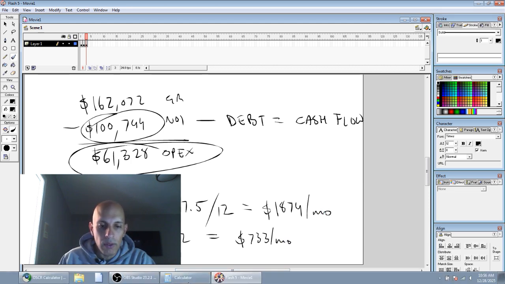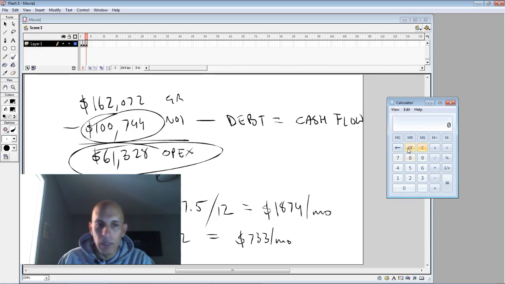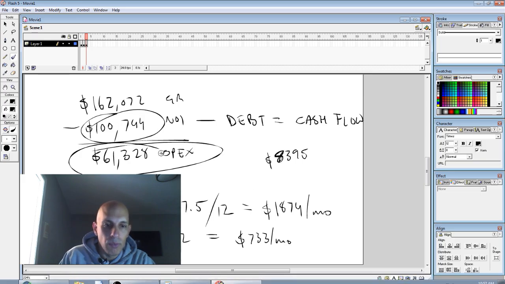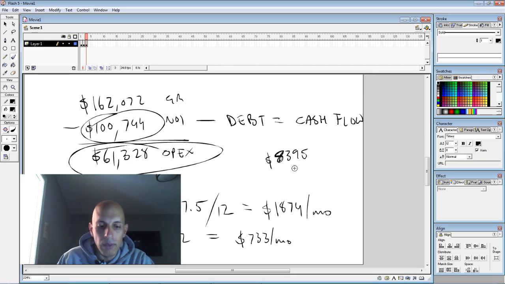So now we have to keep working backwards because we got to figure out the other operating expenses. So we got to go 100,744 divided by 12, which is equal to 83.95. So where our net operating income is 83.95. And if we were to divide this by 12, that would give us our operating expenses.